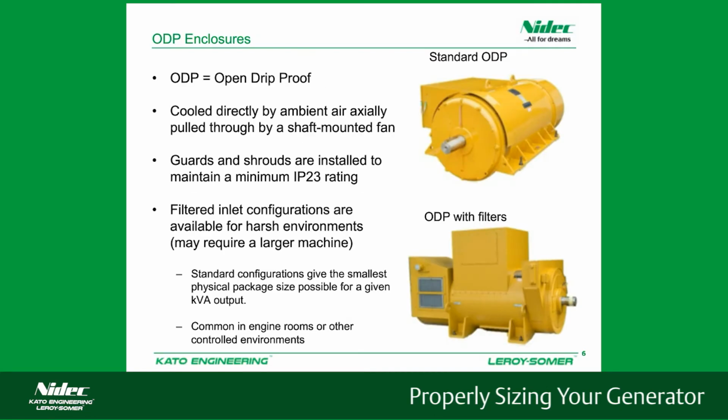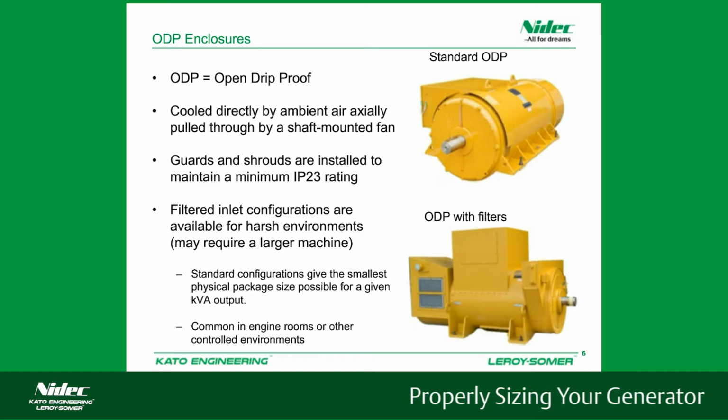So ODP is going to be kind of the standard option. When you hear me talk about oversizing for an enclosure, this is what I'm referring to when I say oversizing, meaning how much bigger it has to be than the standard ODP. So this is cooled directly by ambient air being pulled through the generator by fans that are mounted on the shaft.